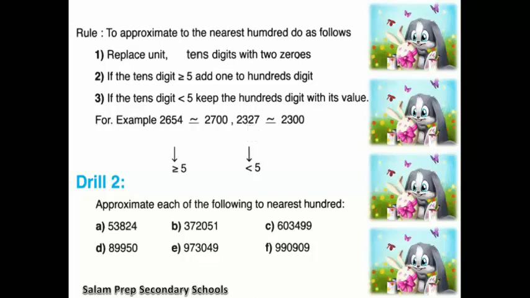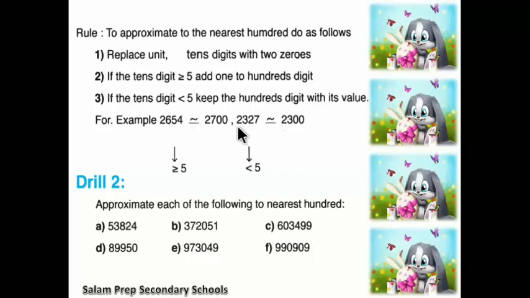Digit 2 in tens is smaller than 5. So 3 remains the same. We will write 3 in hundreds. The digits after hundreds write the same. Write 2 in thousands.